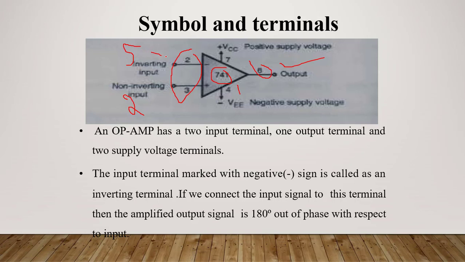This is negative, yes or no? 5 is given to negative, 2 is given to positive, and A is 1. Output is equal to A into the difference, 2 minus 5, which is nothing but minus 3. So my answer is minus 3 here.